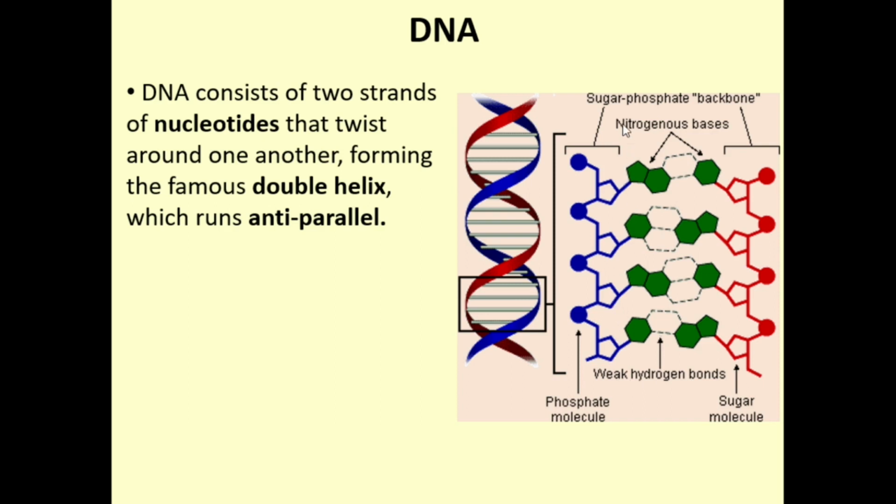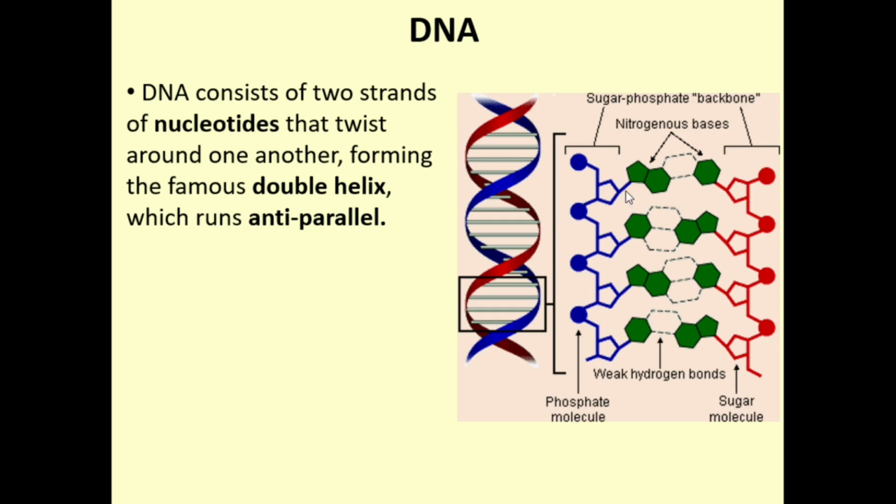So we have the individual strands of DNA, our polynucleotides, joined together by dehydration synthesis, creating these phosphodiester links. The opposing strand of DNA runs in the opposite direction. We call that anti-parallel.